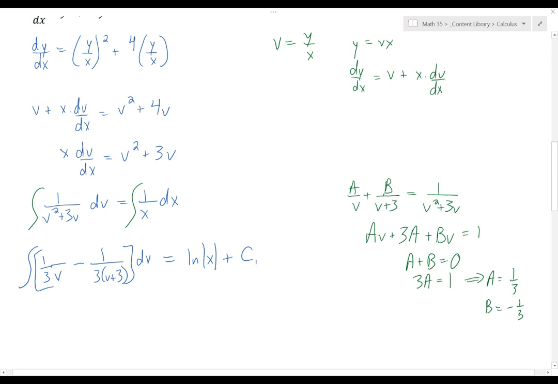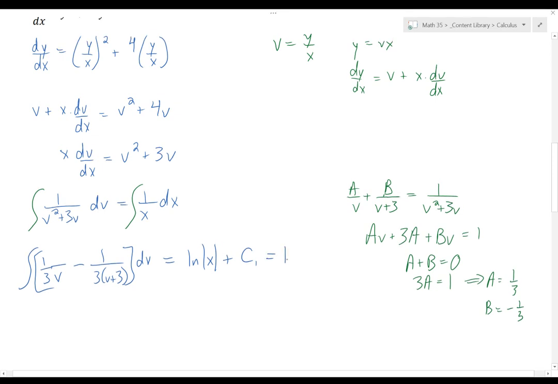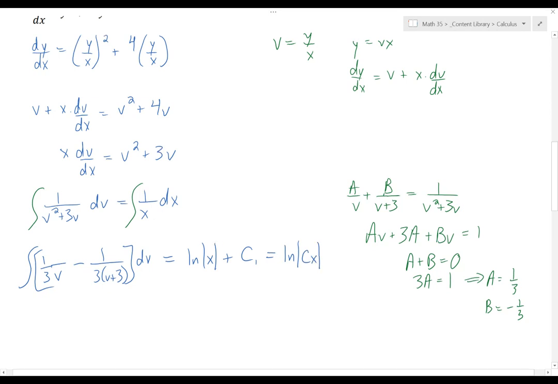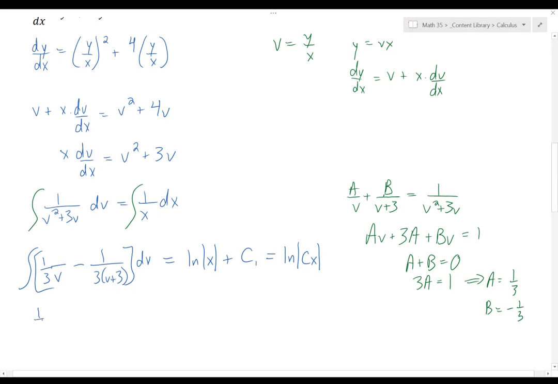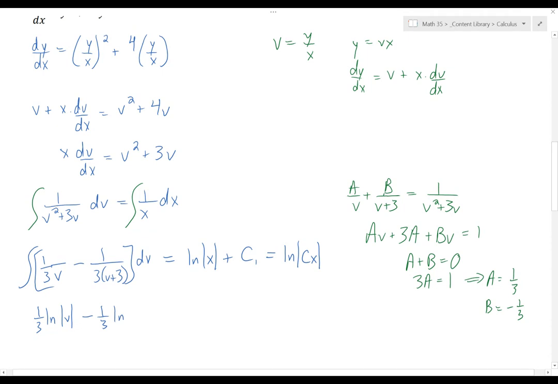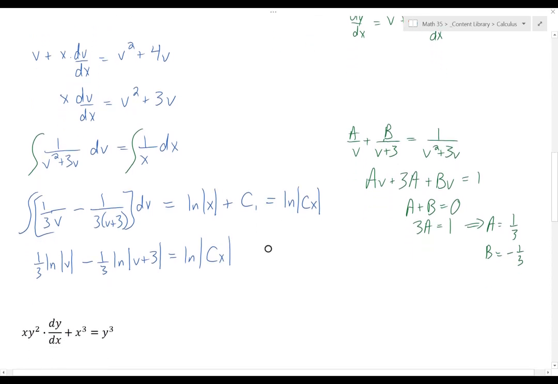Although typically, like we did in the previous case, I'm going to choose to write this as ln of cx. Just for simplicity's sake. On this side, I get 1/3 ln of v minus 1/3 ln of v plus 3 is ln of cx. I can combine this side.